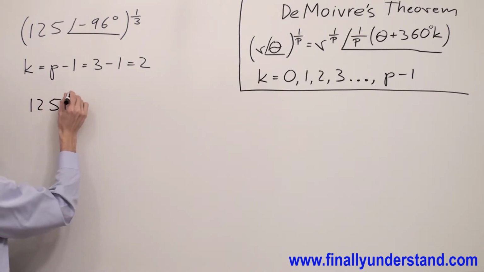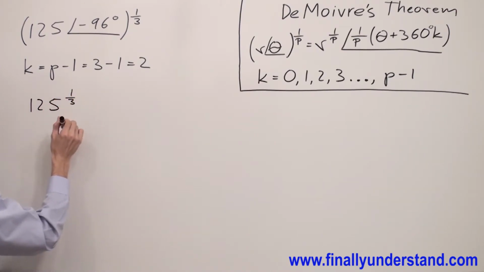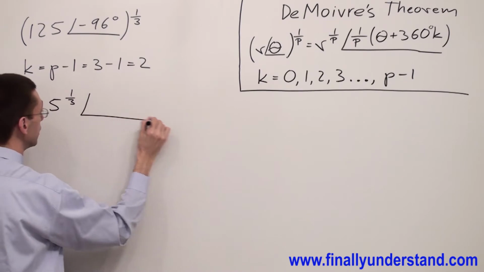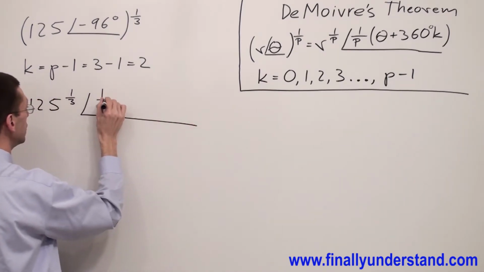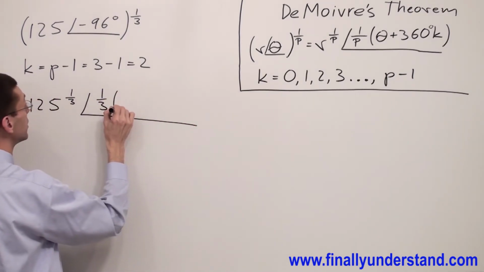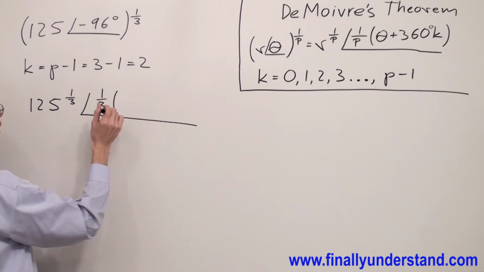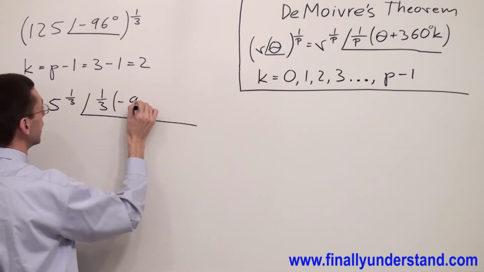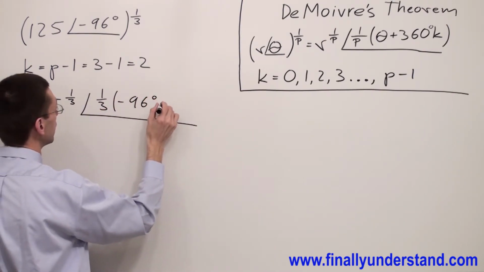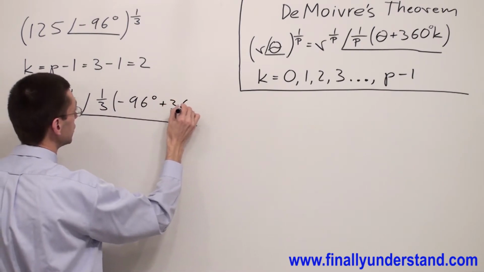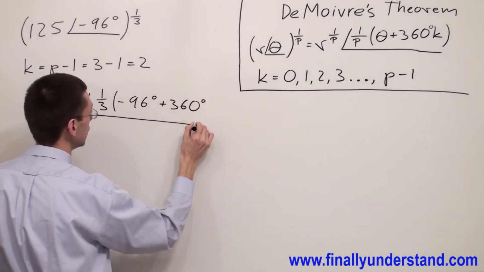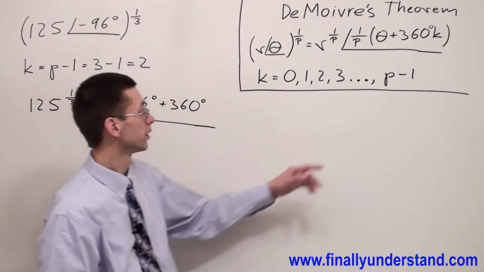125 raised to the power 1/3, and I have angle 1/3, open parenthesis, angle theta, which is equal to 96 degrees, plus 360 degrees times k.